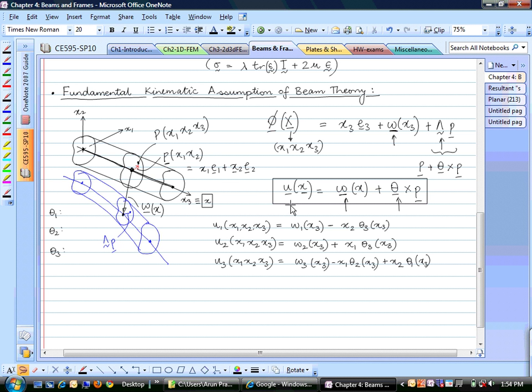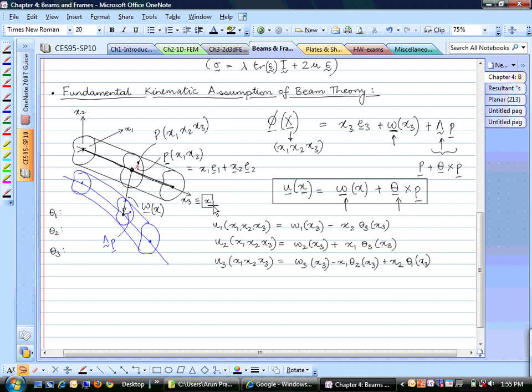You can actually verify that this boxed equation, if you write out all the individual components, can be written out like this. So u1 is the displacement in the x1 direction, and that will be given by the one component of this w. One component of this w is whatever it displaces in the one direction. And why is this term coming? This term is coming from this part, theta cross p. Essentially, let's consider this rotation theta 3.